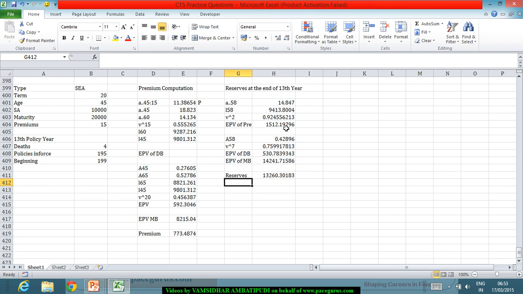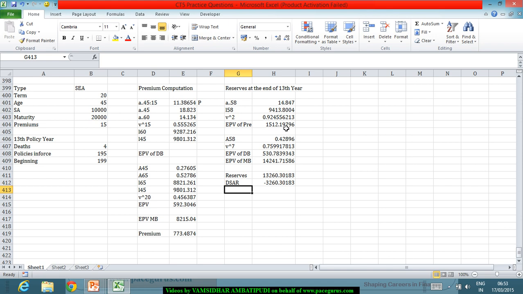Now I can look at the death strain at risk, which is the sum assured minus the reserves built until that point. The sum assured in case of death is 10,000. So the reserves are already higher than the sum assured, meaning the company has already built up a sufficient amount of reserves to cater to the payment of these policies.